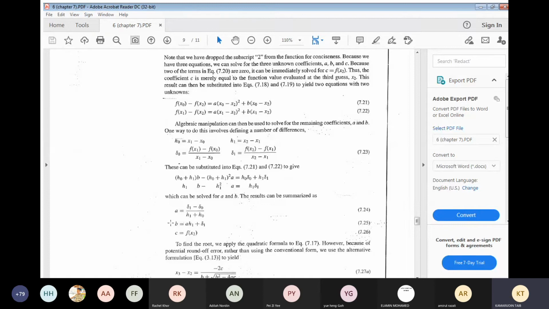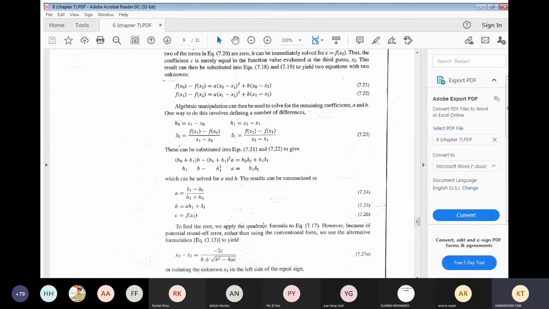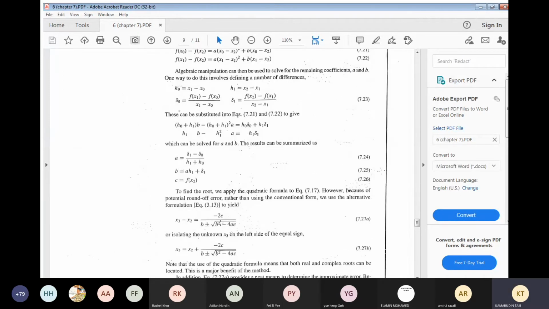So to find the root, we apply the quadratic formula, substituting the values of a, b, c inside this equation to get the next trial value.